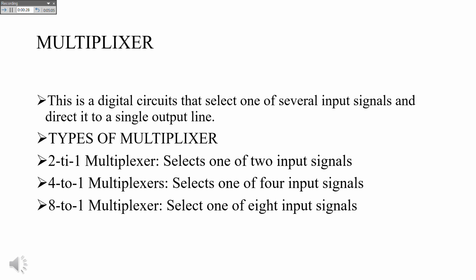Types of multiplexer include the 2 to 1 multiplexer, which selects one of two input signals, the 4 to 1 multiplexer, which selects one of 4 input signals, and the 8 to 1 multiplexer, which selects one of 8 input signals. We will be looking at the 2 to 1 multiplexer so that we can use it to explain more.